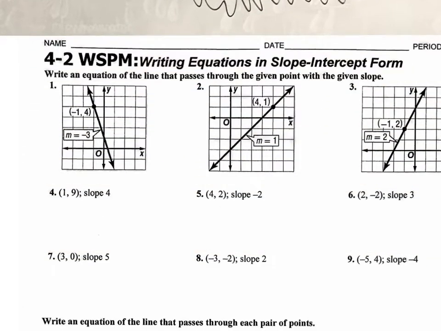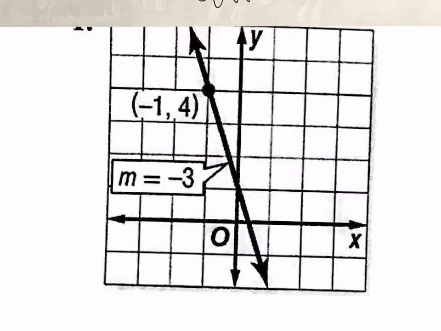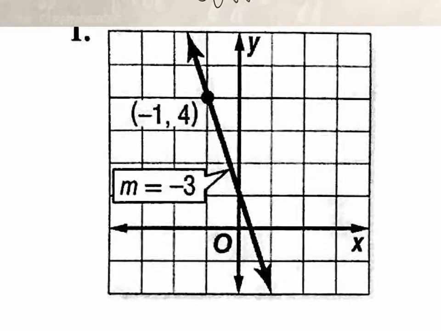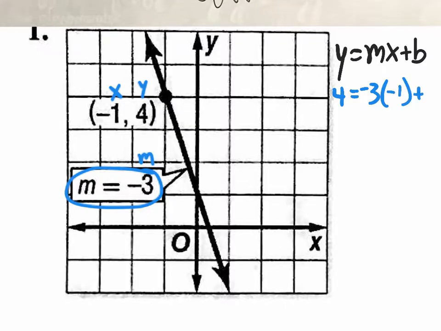So anyway, on number 1, it's kind of ridiculous because they give you a coordinate, right? And they give you a slope. So they would like you to write down your slope-intercept form equation and plug in your x value of 4, your m value of -3, and your y value of -1, and solve for b.